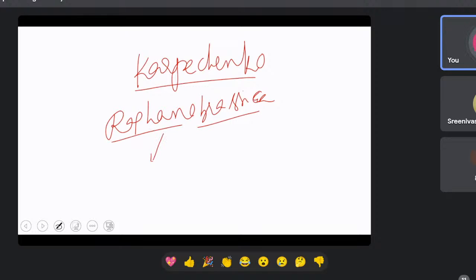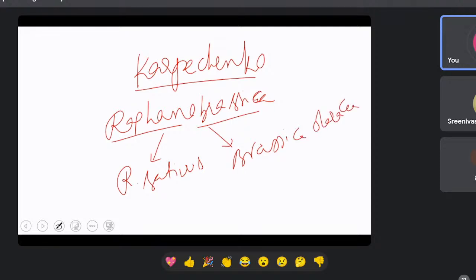What is Raphanobrassica? It is a cross between Raphanus sativus and Brassica oleracea. ముల్లంగి ఆవాలు, సింపుల్ గా చెప్పాలంటే Raphanus sativus ముల్లంగి, Brassica oleracea ఆవాలు. Okay, so these two are crossed to create a new individual, that is new species, that is Raphanobrassica.